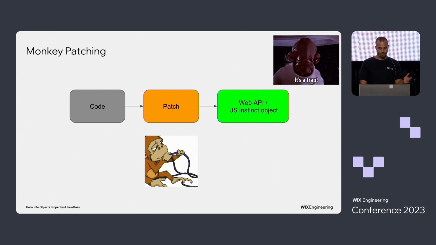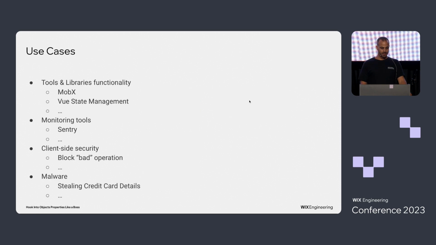This is the most basic flow of patching, and there are some use cases for it, some legit, some not. For example, MobX is a very classic case of patching, because on any change of a property or state in React, Vue, or whatever, the magic behind it is trapping changes of properties, which for UI frameworks are called state.